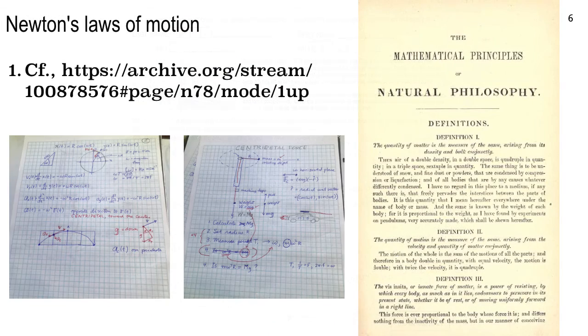Now, about Sir Isaac Newton's laws of motion. Here's the web address for this page in case you feel like looking at it. It says page number 78, and I guess 100878576 is the digital title for the Principia.